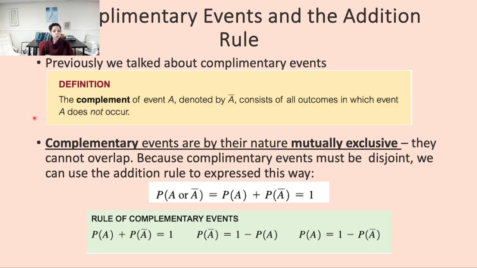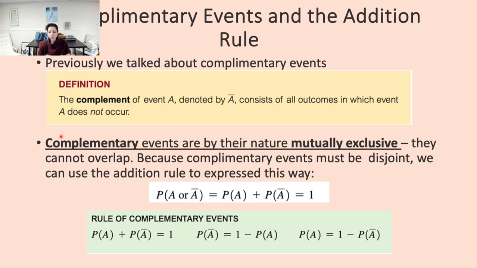So we have some event A, and then there are times where A does not happen. The complement of event A is denoted as A with a bar over it, and it consists of all the outcomes in which the event A does not occur.